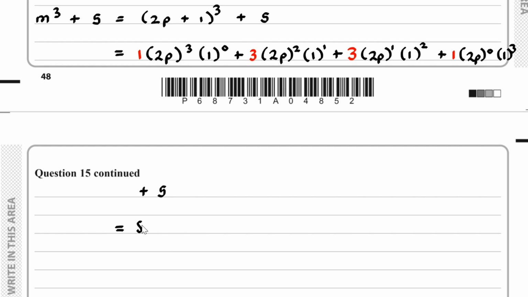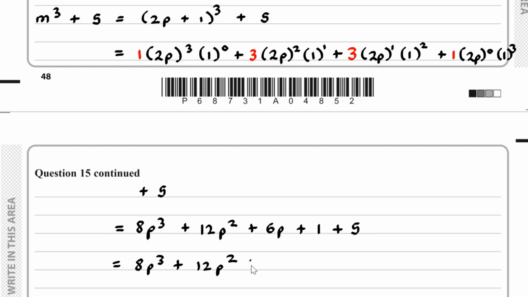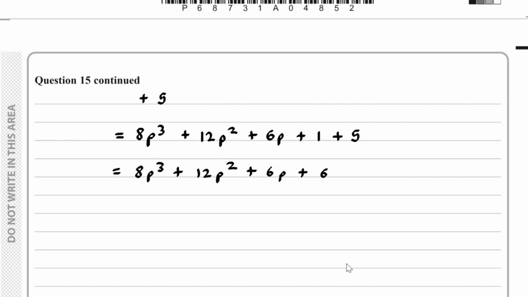So we've got 8p cubed, 4 times by 3 is 12, and then we've got the p squared with it. 2 times by 3 is 6. We've got 1, and then plus the 5. We've got 8p cubed plus 12p squared plus 6p plus 6.